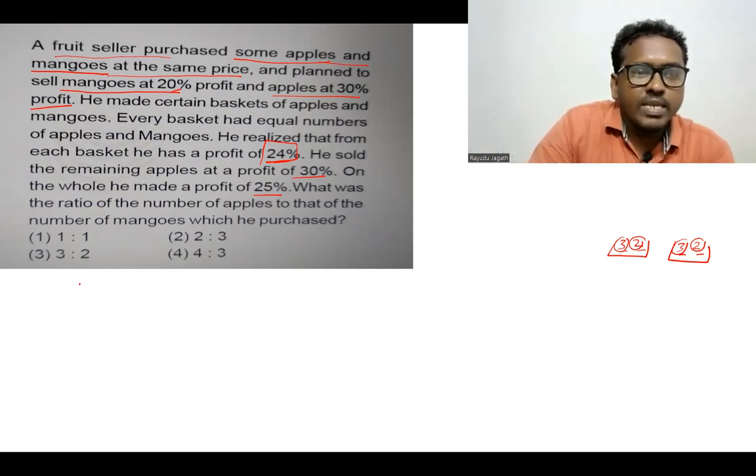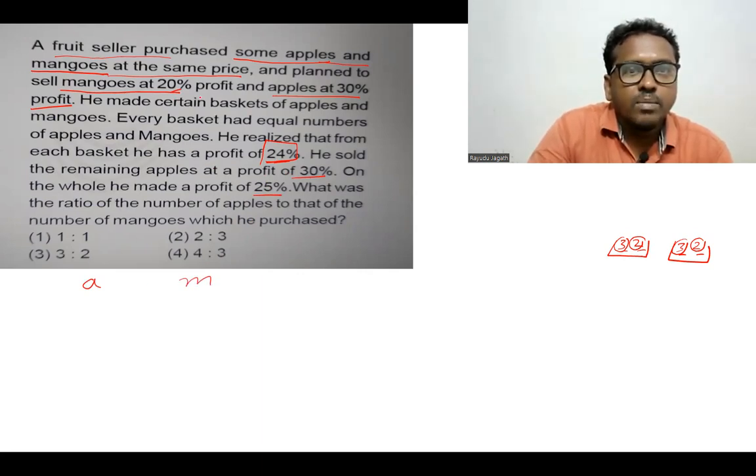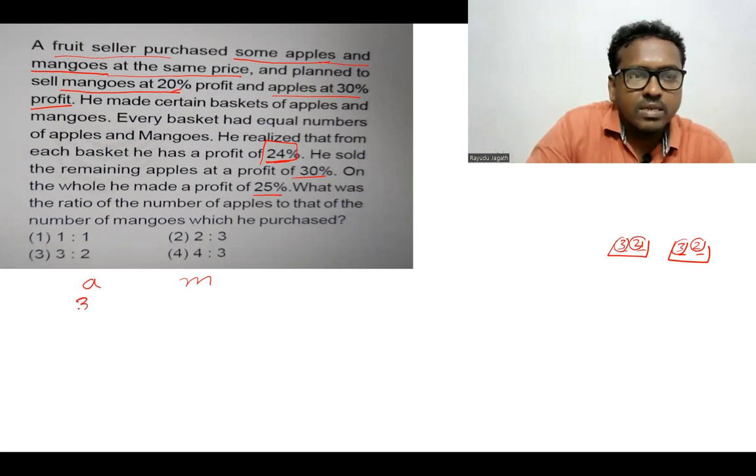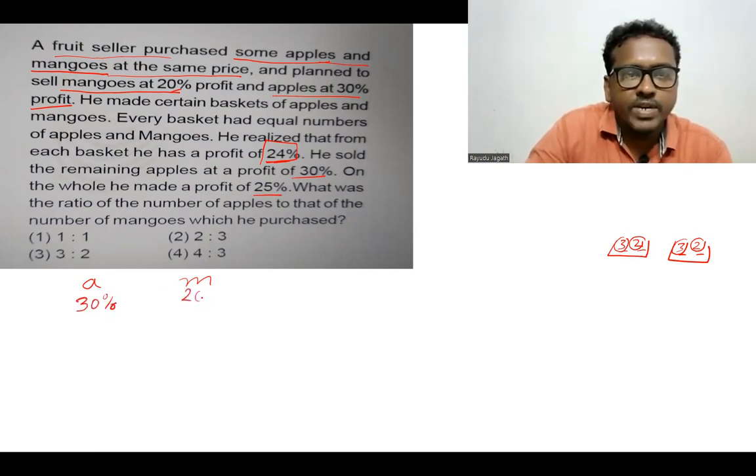So by using the alligation method, I write profit, apples, mangoes. On apples, 30% profit. On mangoes, 20% profit.